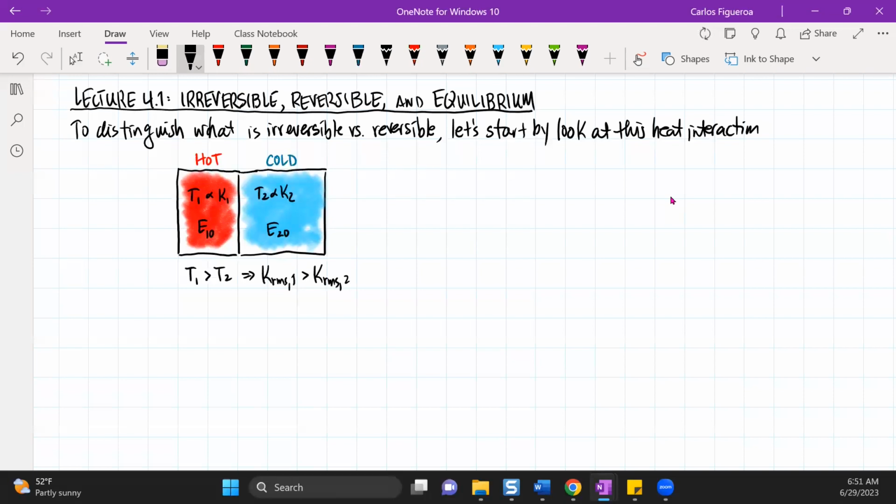Now what we're going to find here is that the system always moves from high to low kinetic energy. So when I look at this, what do I find?